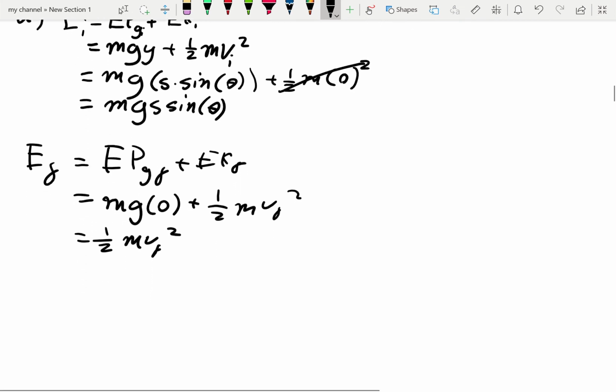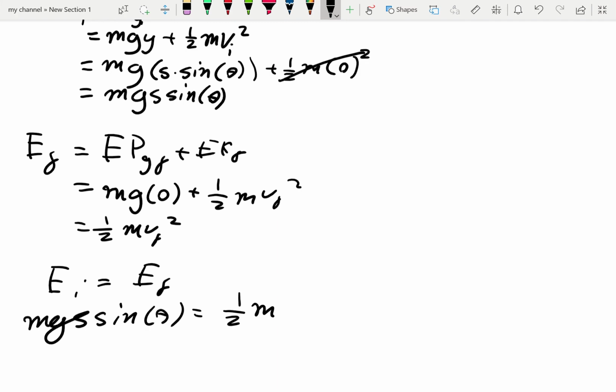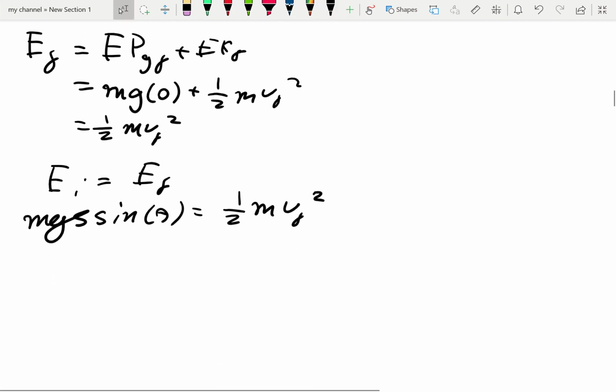Now, because there is no loss of energy, we have EI equal to EF, which means mgs sine theta is equal to 1/2 m vf squared.